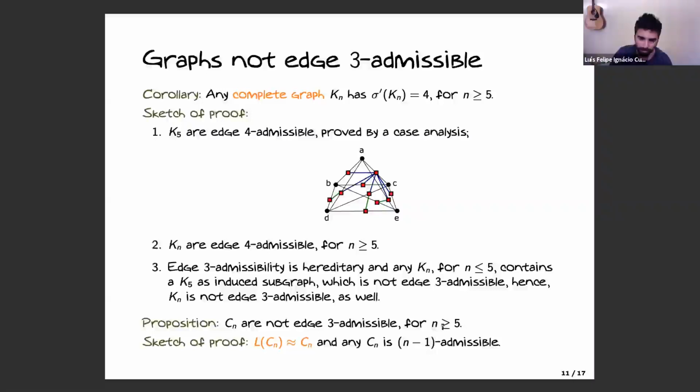So if n is at least 5, then C_n is not tree admissible, not edge tree admissible as well. That's why these two subgraphs cannot be induced in any edge tree admissible one.